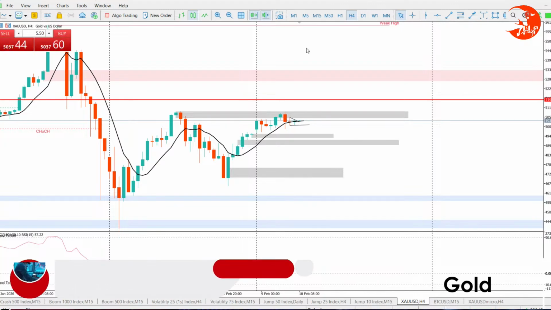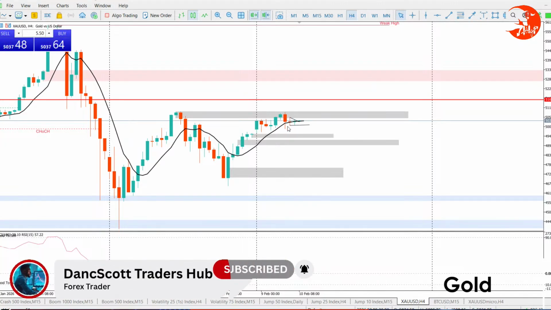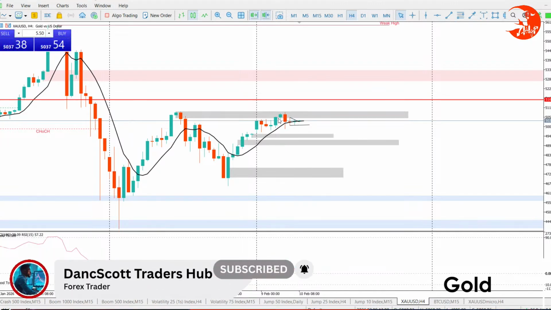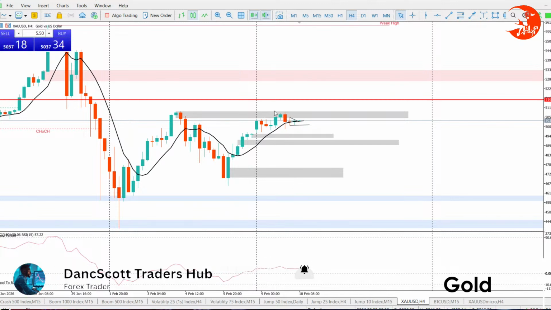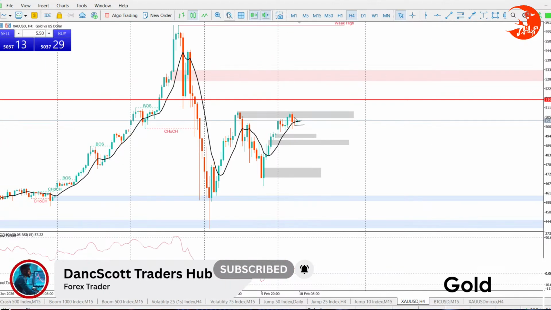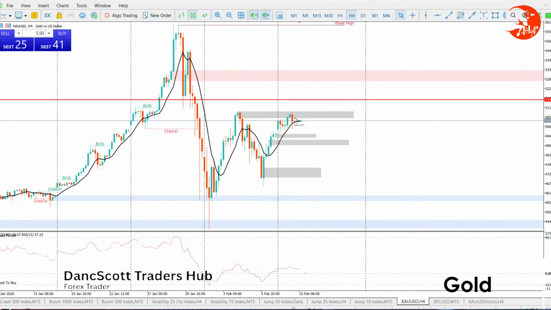So that's why we are seeing this indecision. Those two doji candles signify that indecision in the market. So whatever the market does, then we wait, because you never know, maybe we have one reason to look at this on the other side.